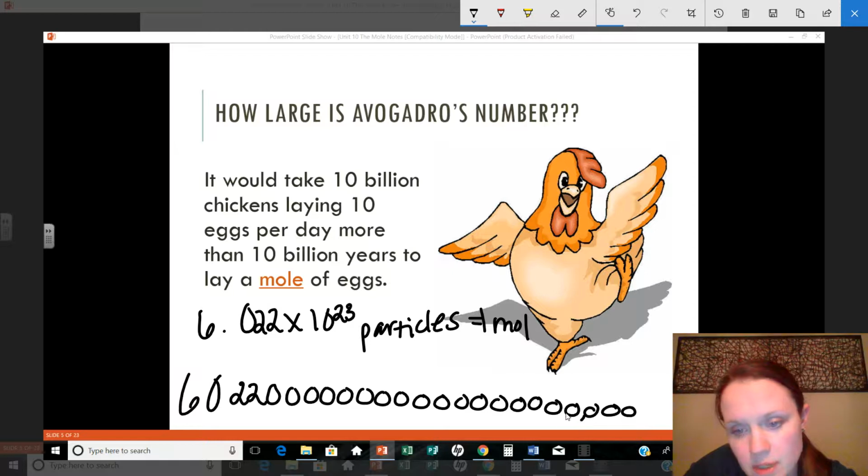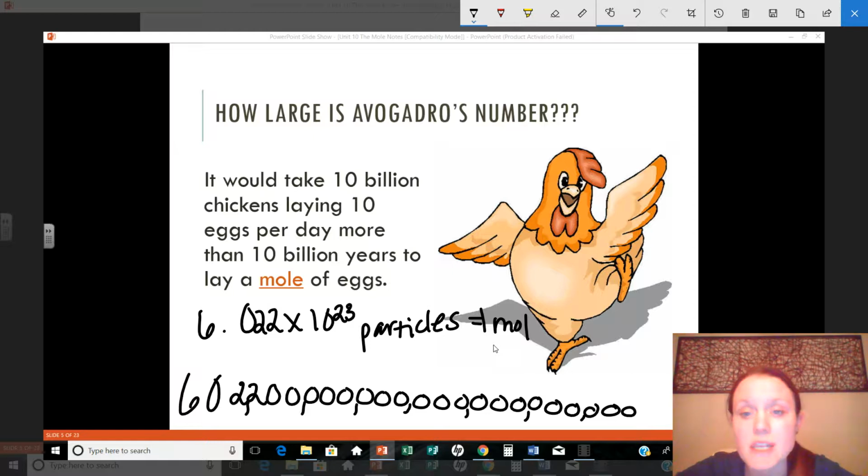If I put my commas in every 3 zeros, this is how many particles are in 1 mole of a substance. That is a massive number, and it's difficult to understand.